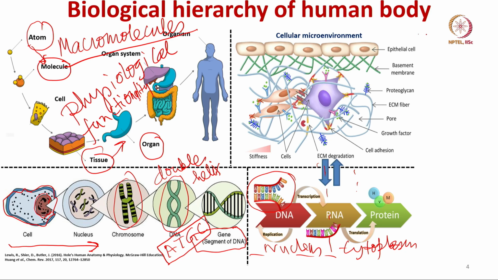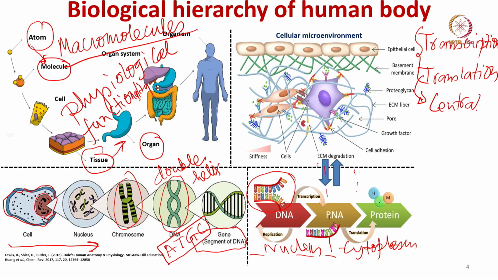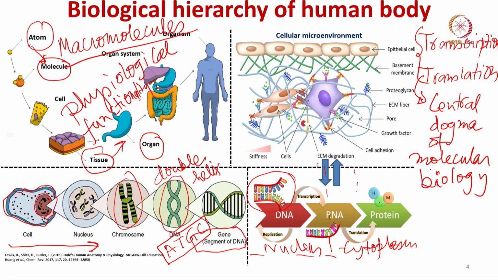So, these are the two terms that you learned now. One is the transcription process and one is the translation process. And this transcription and translation process in cell biology is called the central dogma of molecular biology. So, I repeat, DNA to RNA is called the transcription process.